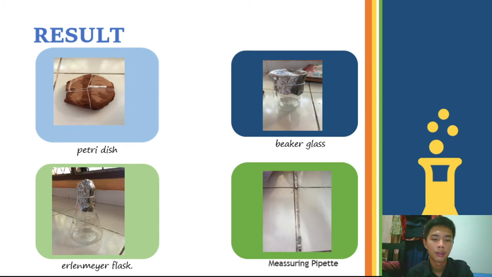So next, on the next page of my presentation, you can see the picture of the glassware which has already been sterilized. Before the sterilization in the autoclave, the tools are washed first, then wrapped with gauze, and then covered with aluminum foil or brown paper for the petri dish, and aluminum foil for the beaker glass, Erlenmeyer, and measuring pipette.